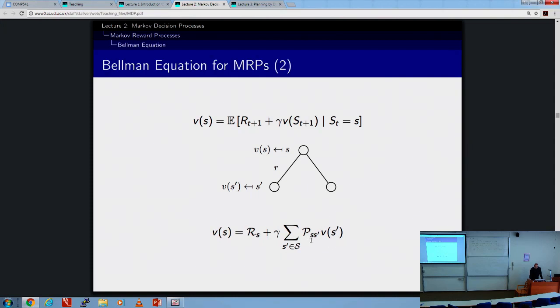The probability that from S I will go to S prime, and if I do that, I'm going to receive the value function from S prime. So this is the expectation for the next step. Any questions about this final line? This is the Bellman equation, which is going to help us solve this problem.